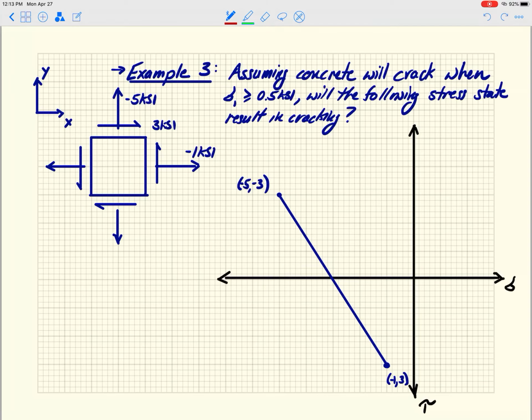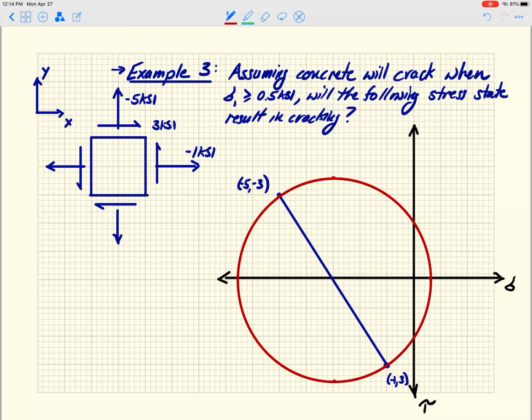So let's see, 3.6 would be there, and 3.6, something like this. Let me see if I can do a little bit better than that. All right, perfect. So that is our Mohr circle.